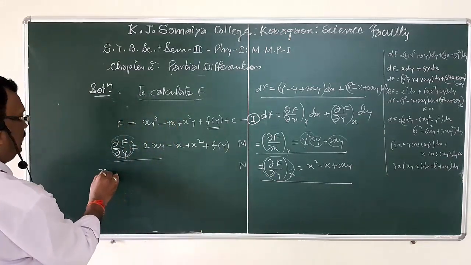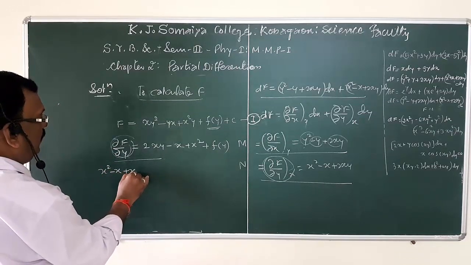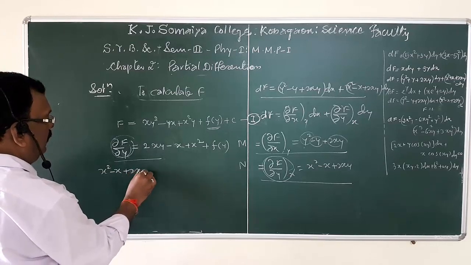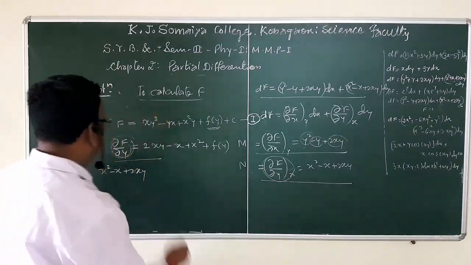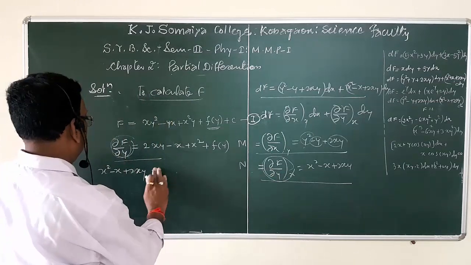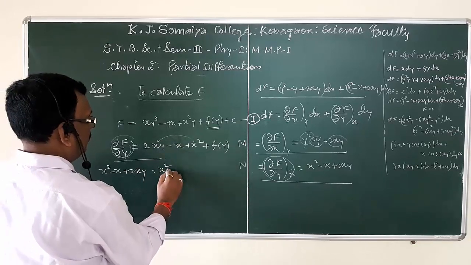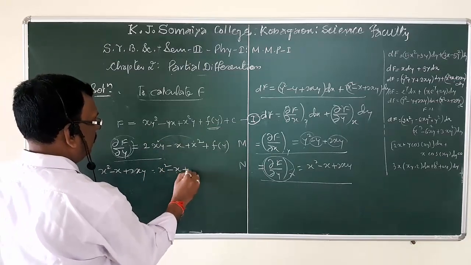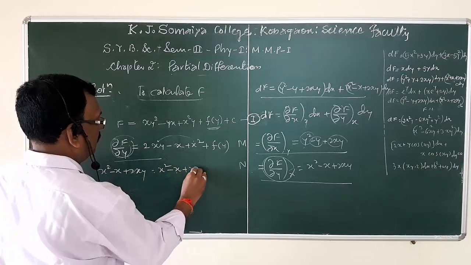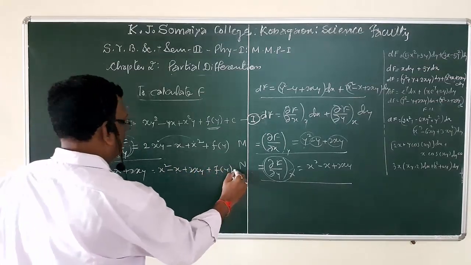We find that x square minus x plus 2xy, which is the value of n, that is ∂f/∂y, is equal to 2xy, or simply rearrange the terms, interchange these two: x square minus x as it is plus 2xy plus f'(y).